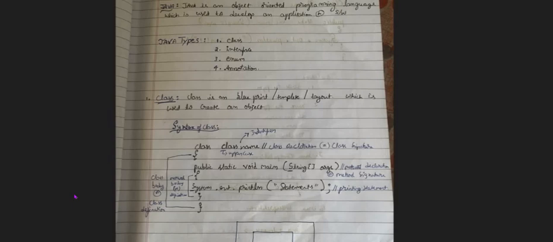We can give it any names. Next, flower bracket open, then public static void main, then String, then brackets, then args. This is the method declaration, the method signature.